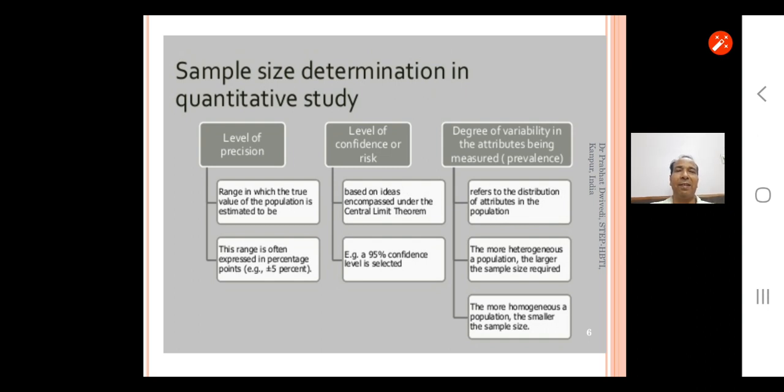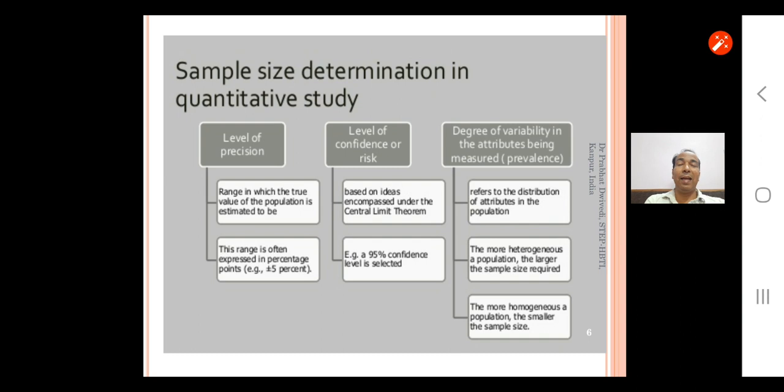Level of precision depends on 2 factors. One, the range in which the true value of the population is estimated to be. And another, this range is often expressed in percentage points, like how much precision I want, how much accuracy I want.